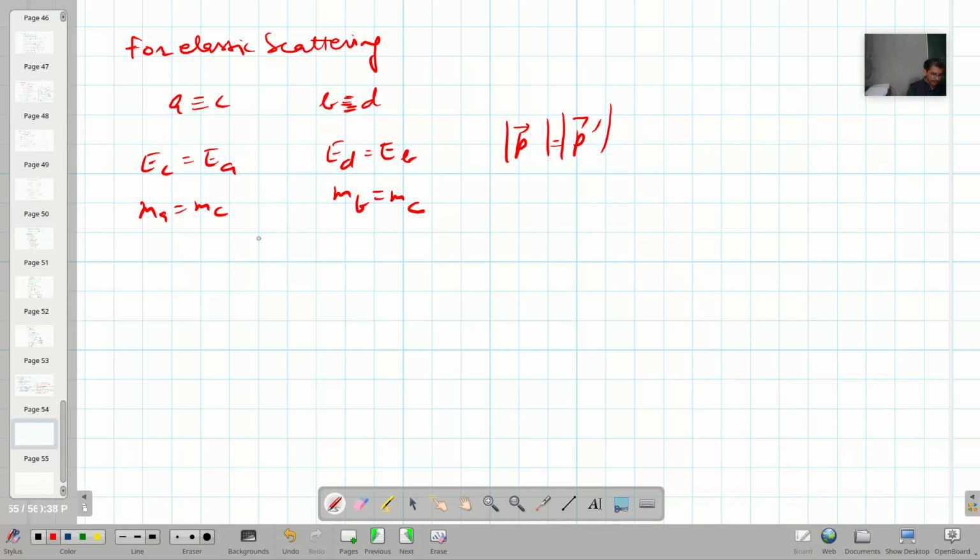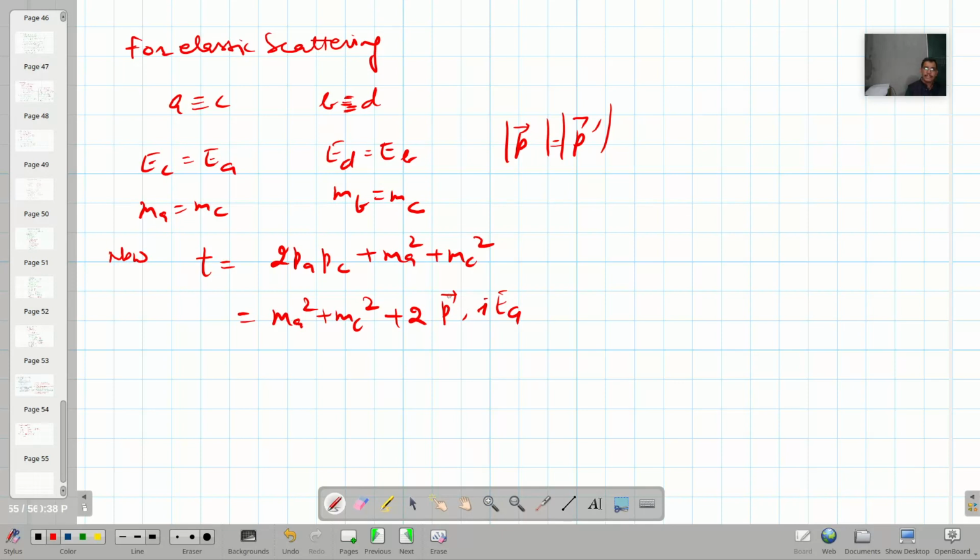So now t is equal to minus (p_A minus p_C) squared, which is minus 2 p_A·p_C plus m_A square plus m_C square, as we know it. So it is m_A square plus m_C square plus 2 p vector, iota E_A, and then dot product with p prime, iota E_C, right?